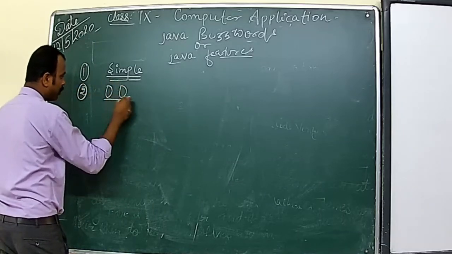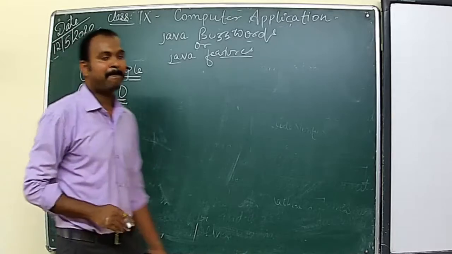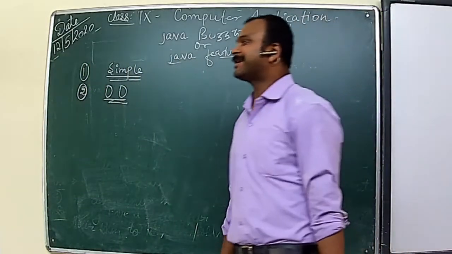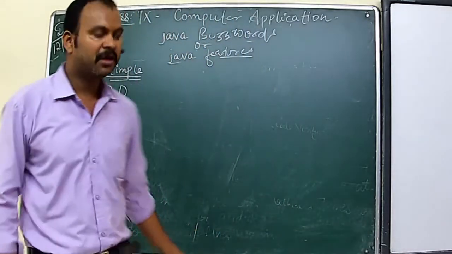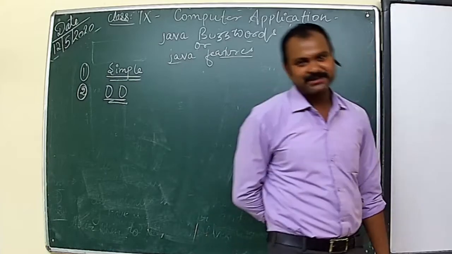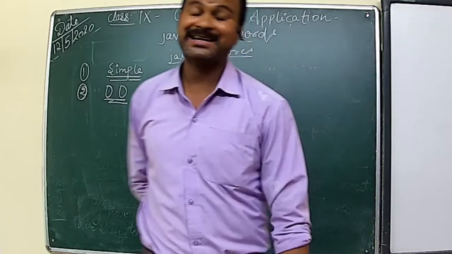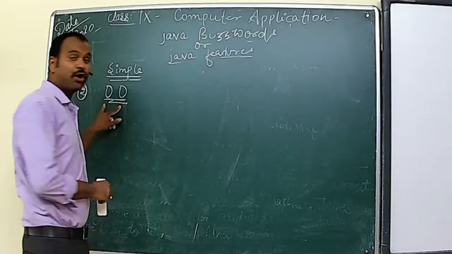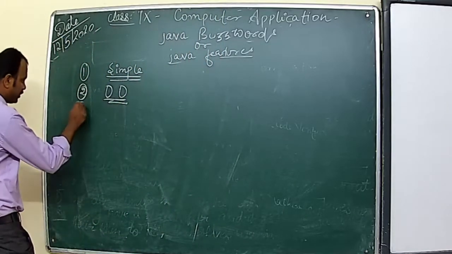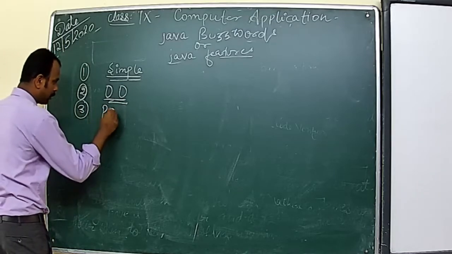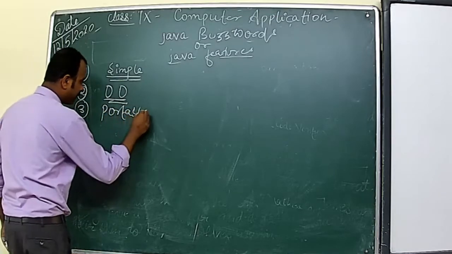Object oriented. It is based on classes and objects. It implements attributes and behaviors, and in Java everything is treated as an object except primitive data types. Clear? So it is object oriented. The third one is portable.